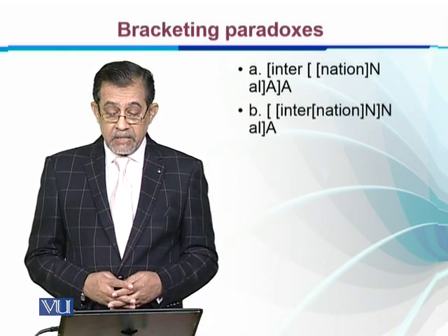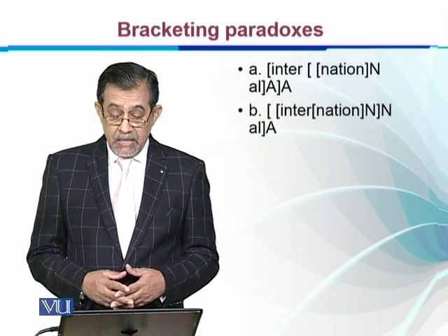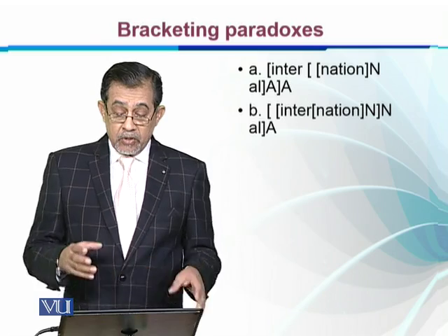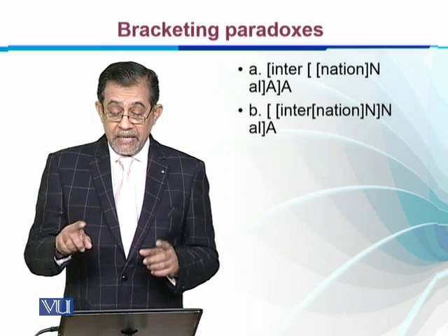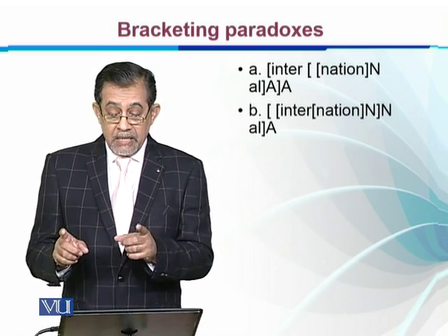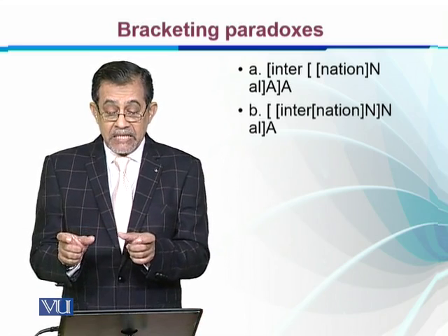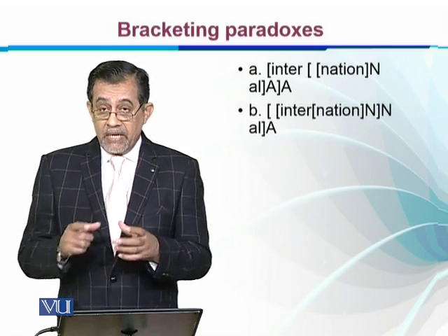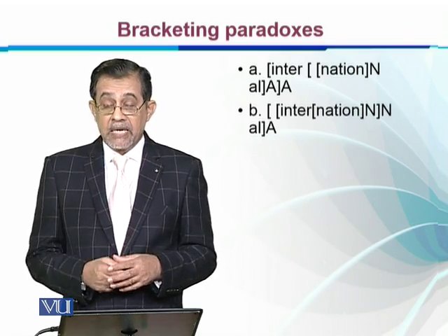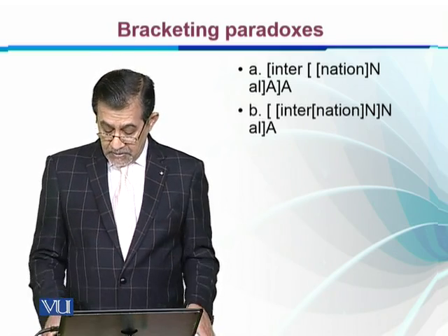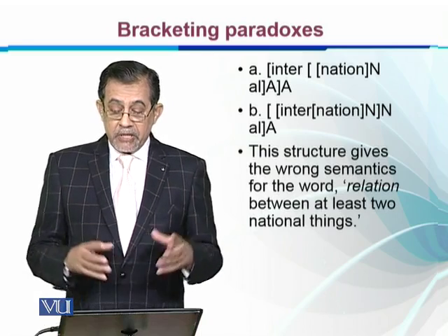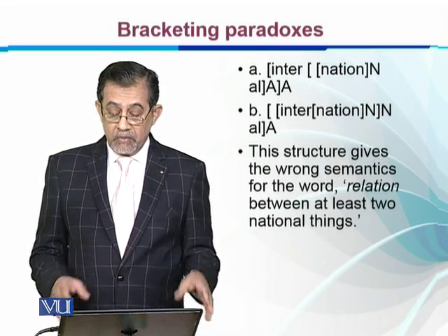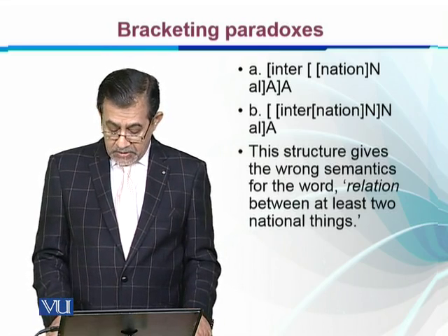So look at the second example, B, internation. Internation is no word, right? So the first word inter, and then there was a unit nation plus al, which was an adjective. So inter combined with national, whereas the meaning shows that the second, B, was the option. This structure gives the wrong semantics for the word, a relation between the nations.